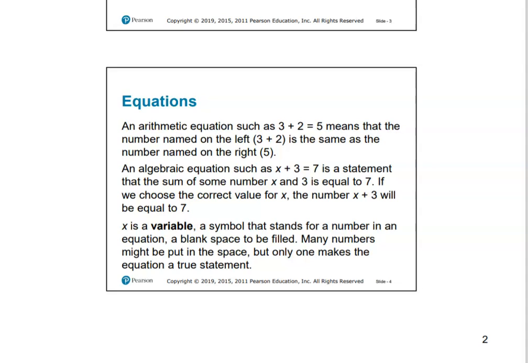If we choose the correct value for x, the number x plus 3 will be equal to 7. X is just a variable, a symbol that stands for a number in an equation. It's a blank space to be filled. Many numbers might be put in that space, but only one number makes it a true statement.